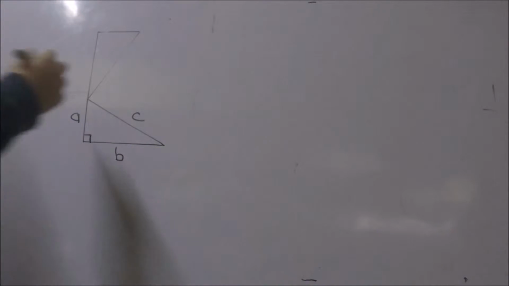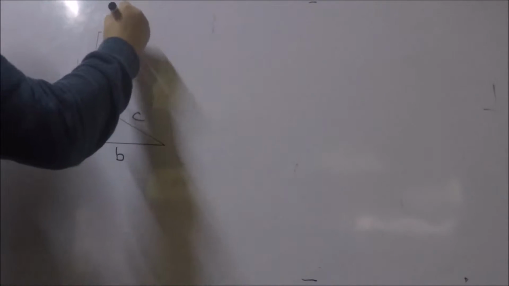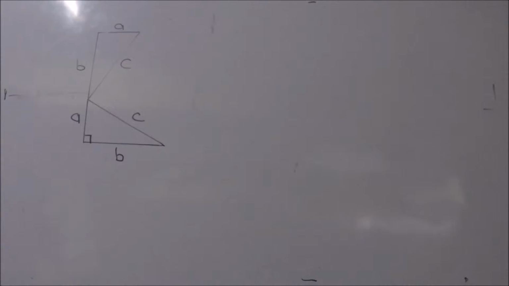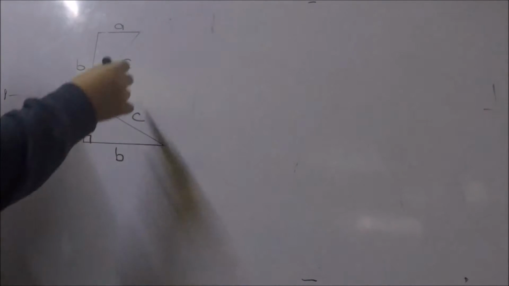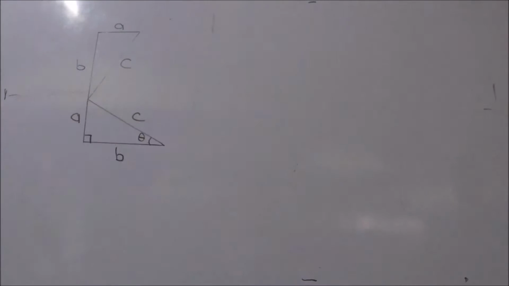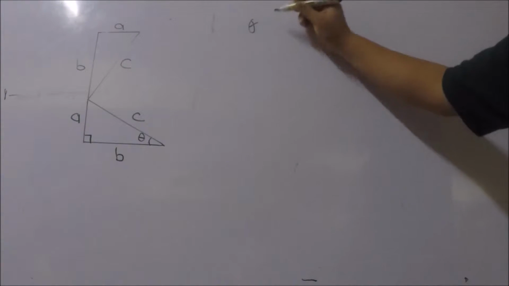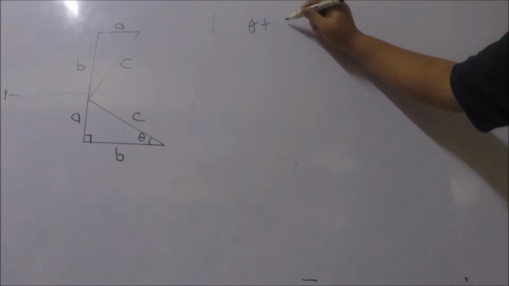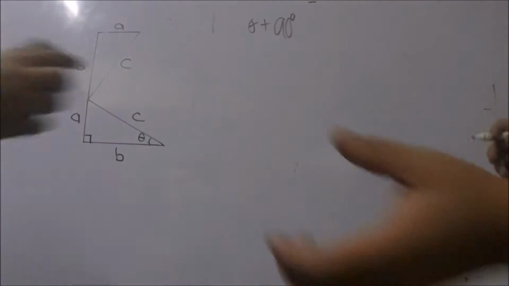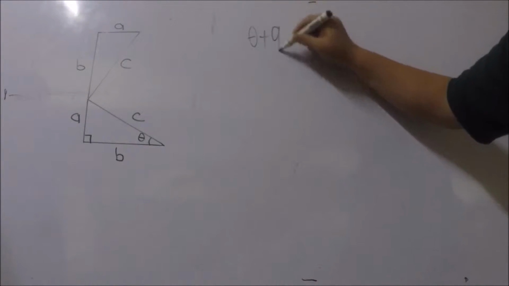Next step is to name the angle in between side B and side C of the first triangle theta. We don't know the angle in between side A and side C of the first right triangle, so we must first find what the angle is. We know that the sum of all the angles of a right triangle is 180 degrees.